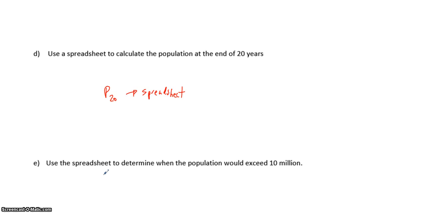And this second problem here is we want to figure out when the population would exceed 10 million. So we don't actually know the term. There's some term number here that we're going to have to figure out. We're going to visually inspect our spreadsheet to see when our sequence starts to go above 10 million, and then we'll be able to look up that particular number.